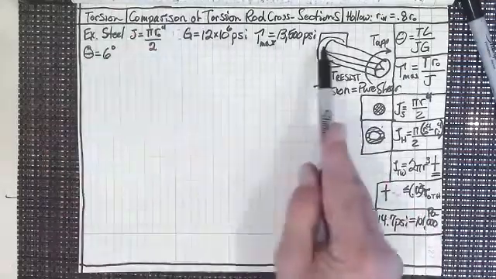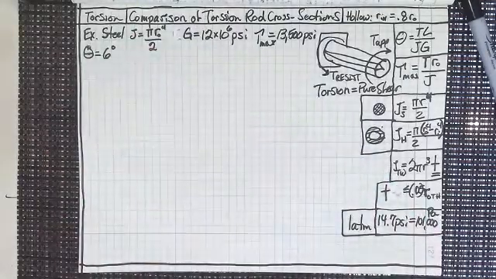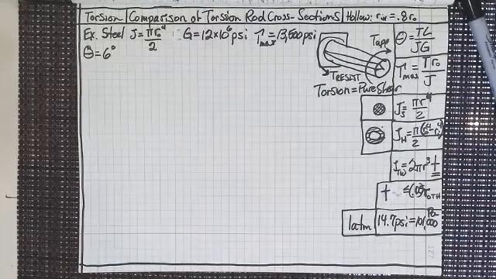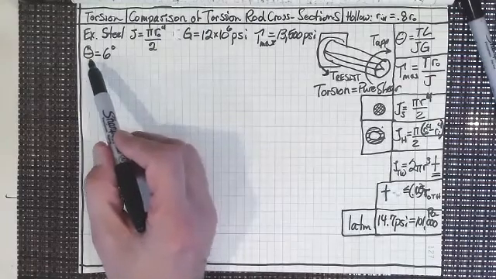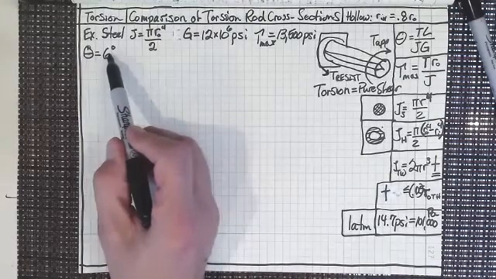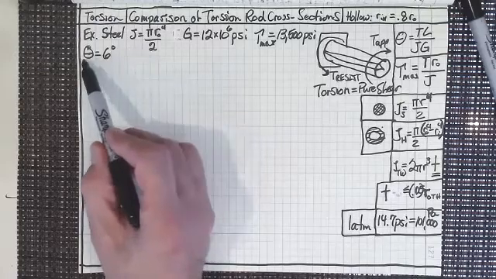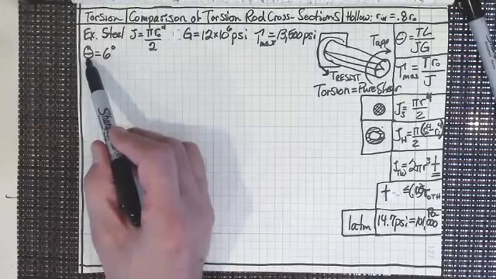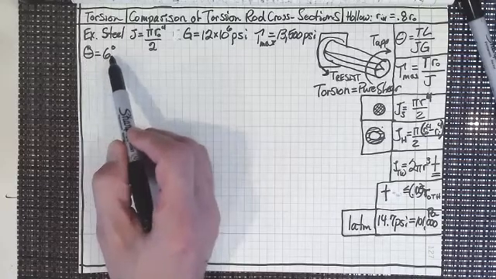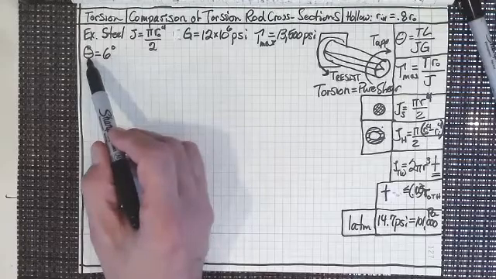I'm giving you a lot of things in here that, if you wanted to work in the SI system, you'd have to change. But in this one, it doesn't matter which system you're working in. You've still got to change degrees to radians, don't you? Because there's no sine, tangent, or cosine in front of that, is there? It's just the angle. We cannot use degrees when we're working with just the angle, can we?